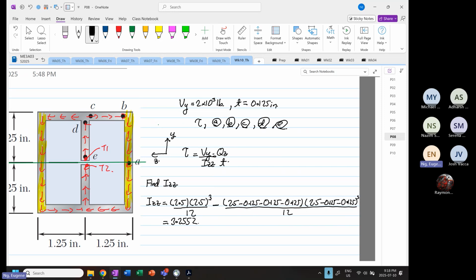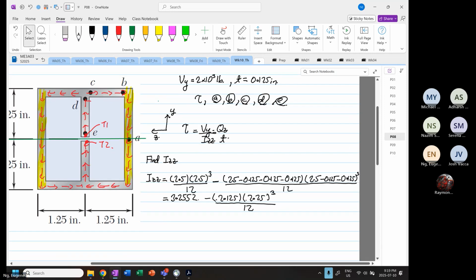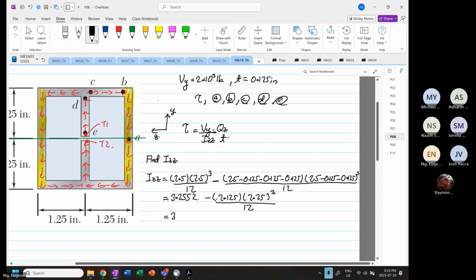Then 2.5 minus 0.125 times 3 is 2.125, multiplied by 2.5 minus 0.125 minus 0.125, which is 2.25 cubed, divided by 12. So this is 3.2552 minus 2.125 times 2.25 to the power 3 divided by 12, which is 2.0171.